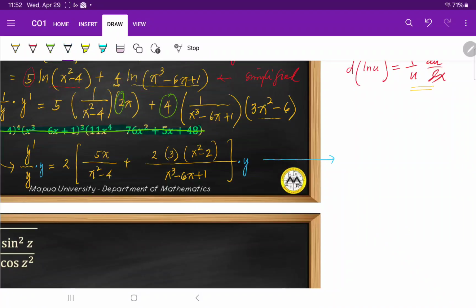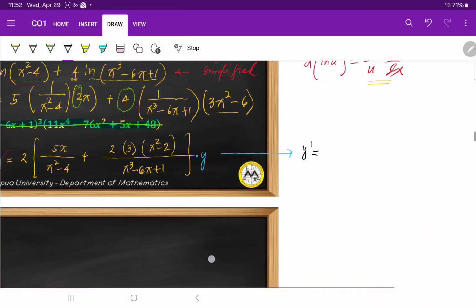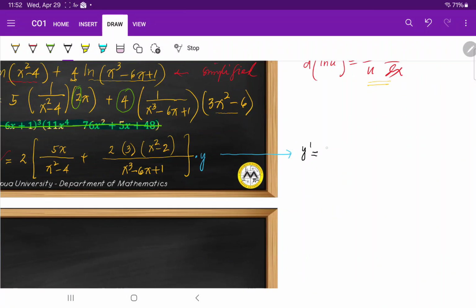Okay, so we now have y prime. In here, y cancels with y, so the only term left on the left side is y prime. Then on the right side, we have 2 times 5x over x squared minus 4 plus 6 times x squared minus 2. It becomes 6 because you have 2 times 3 over x cubed minus 6x plus 1. And then we multiply by y.